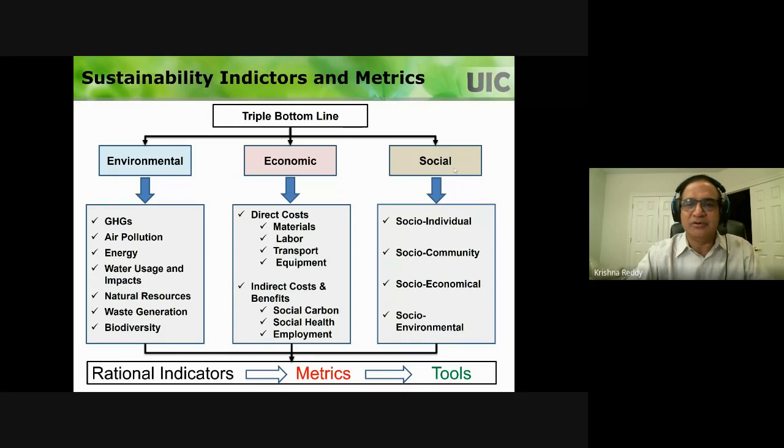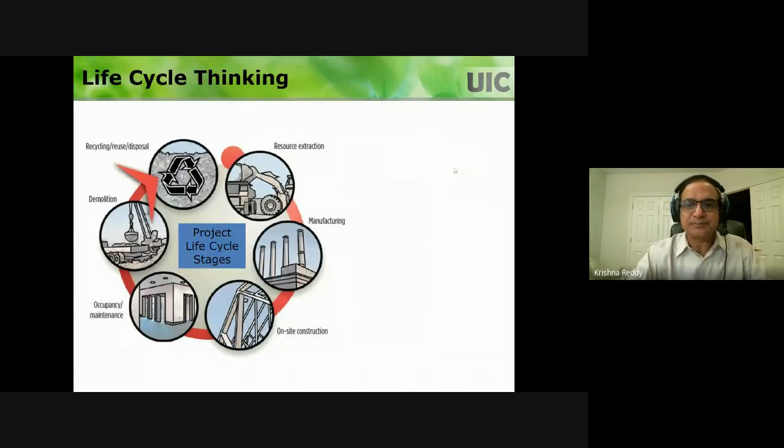Now you're talking about equity, justice, environmental justice, social justice. A lot of things are happening for sustainable development, and you cannot ignore the social aspects. So now, environmental, economic, and social aspects are all given equal weightage in sustainability assessments.